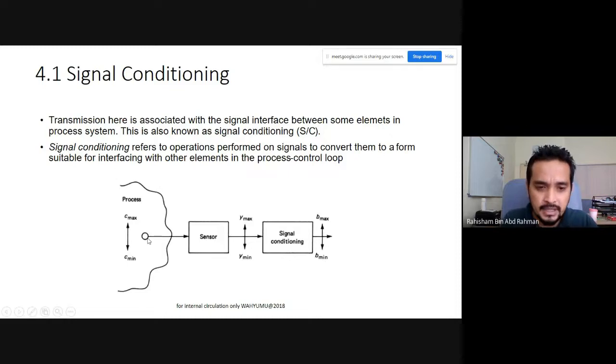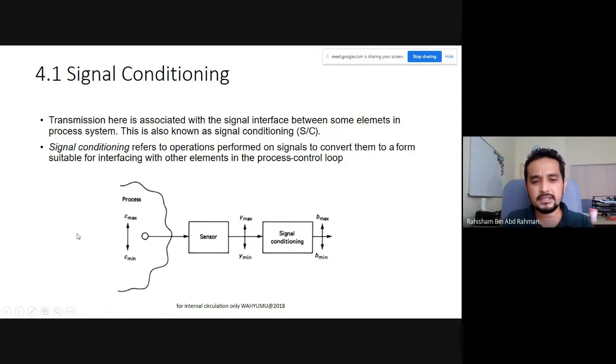If we look at these figures, here we have the process, and we have the sensor. Of course, the process will have maximum and minimum values, like a water level. There are cases in which the water level comes to the very minimum level, and it fluctuates to the maximum, and this data needs to be sent to the sensor.